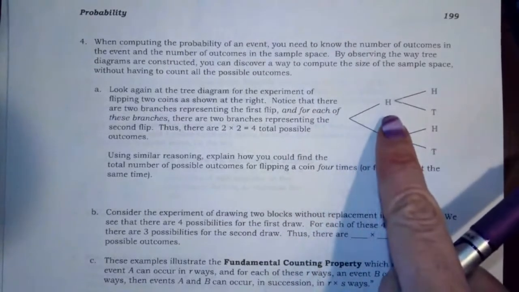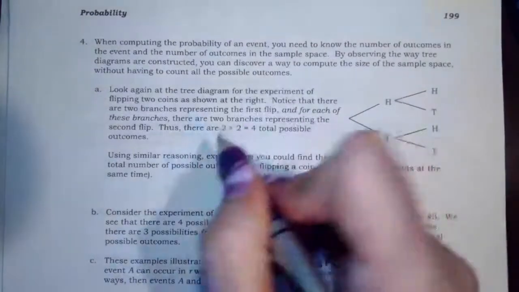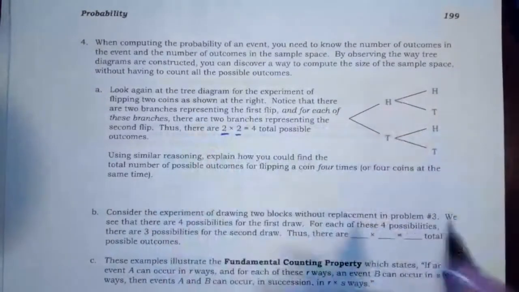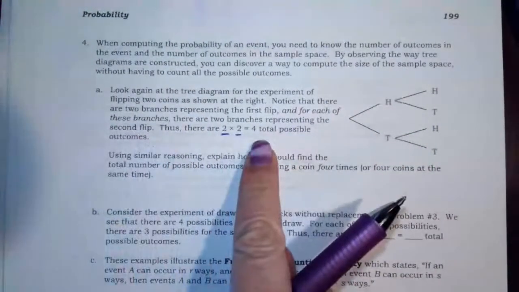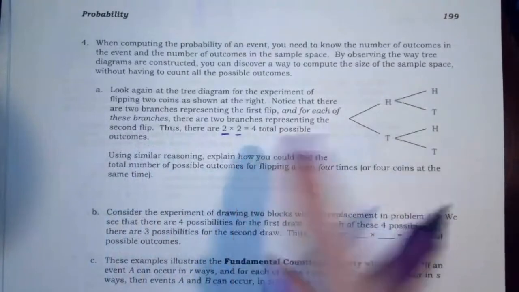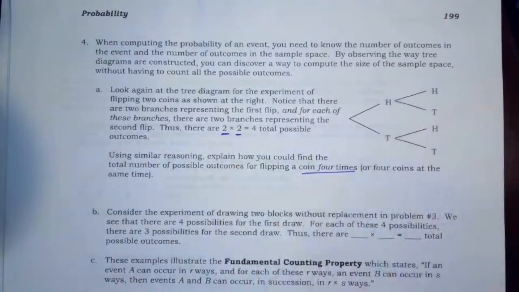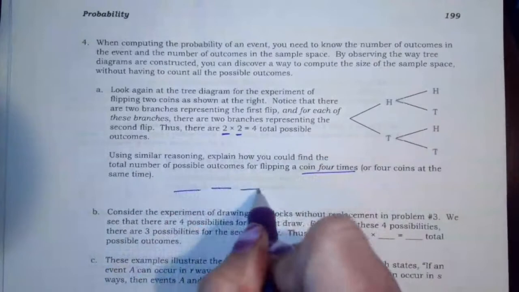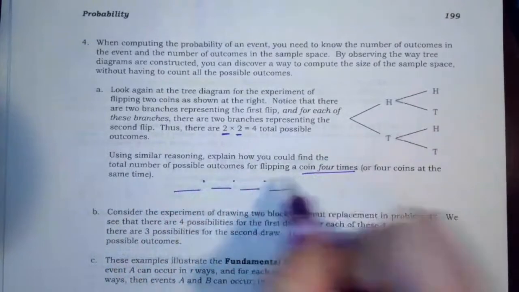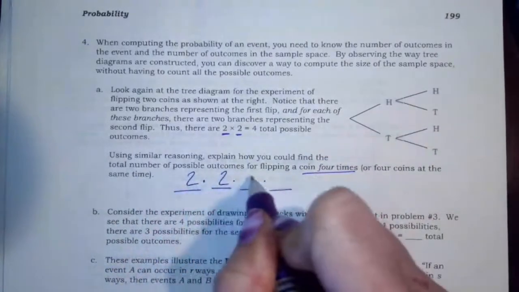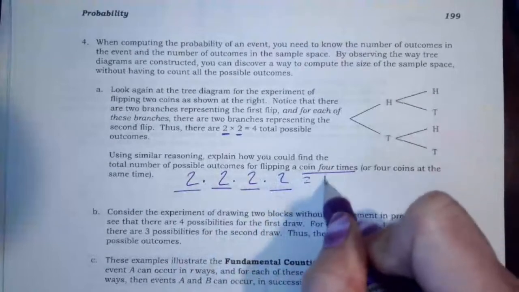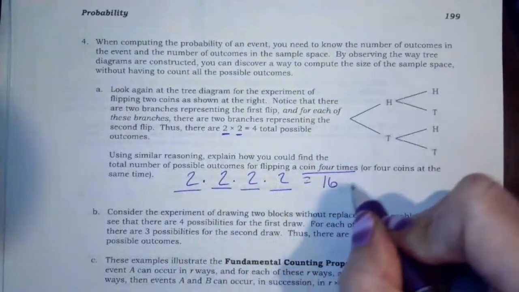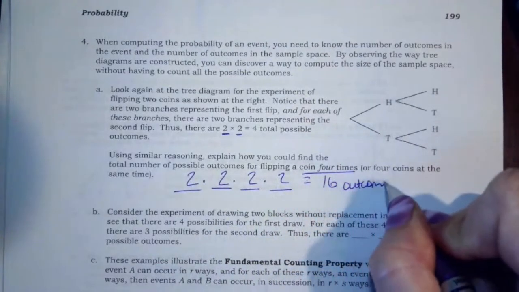We said that if we are flipping a coin, there are 2 possible outcomes for each flip. So if you flip it twice, there's a total of 4 possible outcomes. If we were going to flip a coin 4 times, well, there's 2 possible outcomes for each coin flip, so that leaves us with 16 outcomes in our sample space.